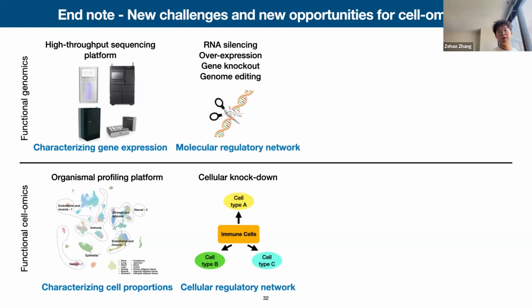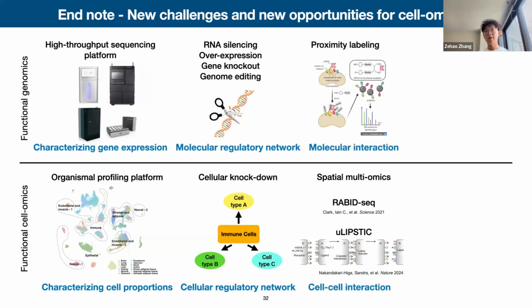And we are also trying to develop some technology methods to study the cellular regulatory network, and some recent labs in the field also developed some experimental validation for tracking the cell-cell interaction.